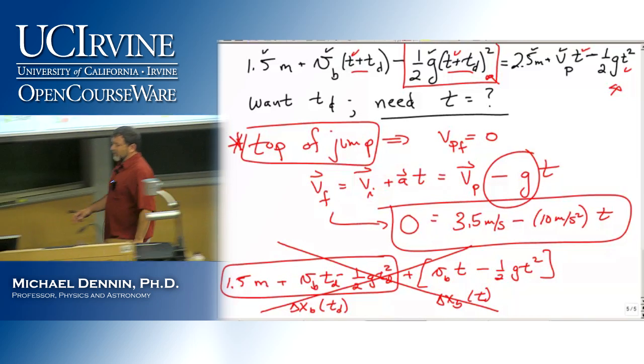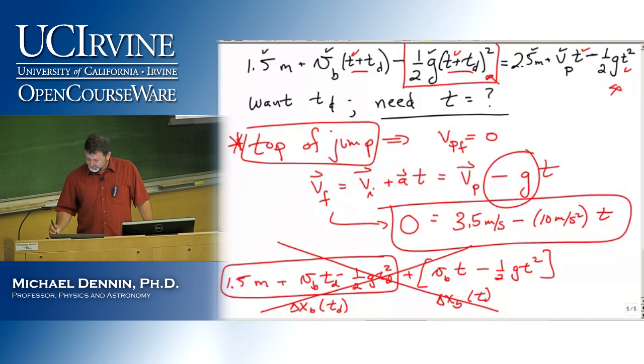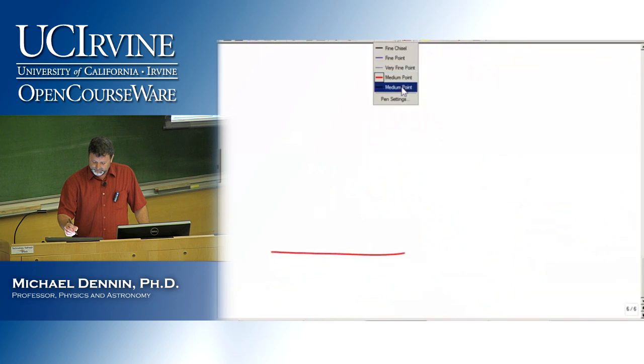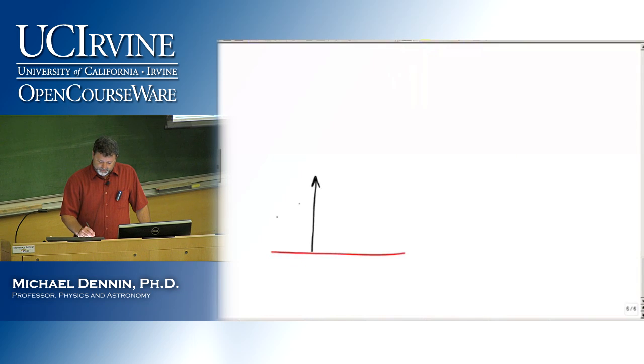So let's go back to our picture. I'll just redraw a new one. This is delta x of the ball for TD. That's delta x of the ball during t. And notice it starts at a new place. This point here has some new initial velocity of the ball.